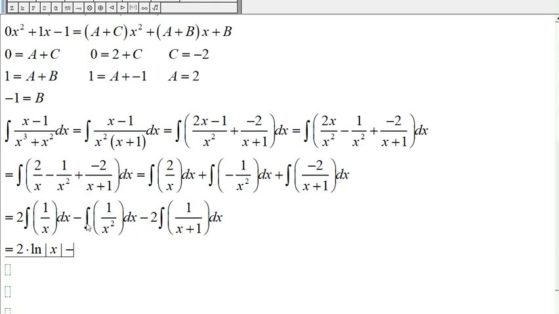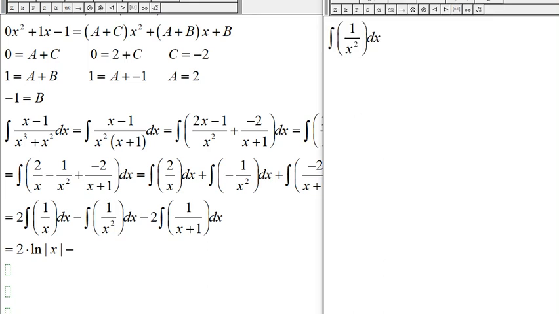And then the 1 over x squared here is the integral of x to the negative 2. And then for the antiderivative, remember we just add 1 to the exponent, so x to the negative 1, and then divide by negative 1. So this will be negative 1 times x to the negative 1, which is the same as 1 over x.